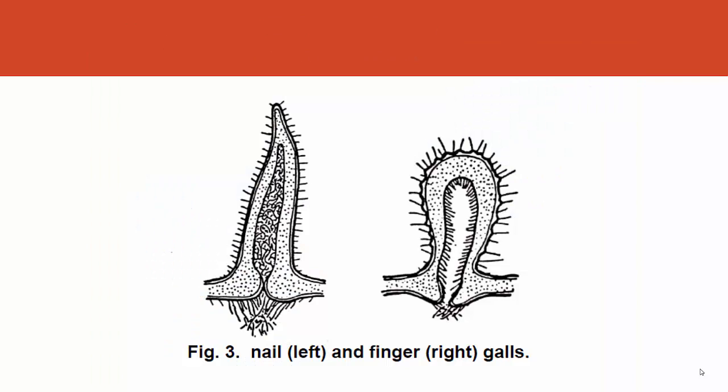Some years we have a lot of those in ash trees. Some of these mites make nail galls or finger galls, and you'll see these little bumps on leaves. Inside you'll sometimes have little hair-like structures, and the mites will actually be inside these galls, supported by the hairs inside the gall. So it's actually a benefit for the mites to have these galls formed on the plants.